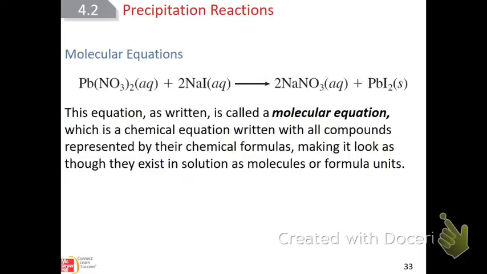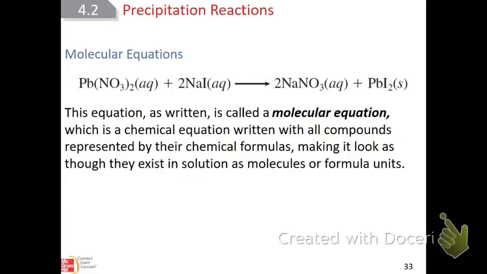In a double displacement reaction, notice some things that have to be true. In a double displacement reaction, or I've always called it double replacement or double displacement, either one will be fine. This is called a precipitation reaction, and the reason that it's called a precipitation reaction is because in this particular one, notice everything is in aqueous solution.